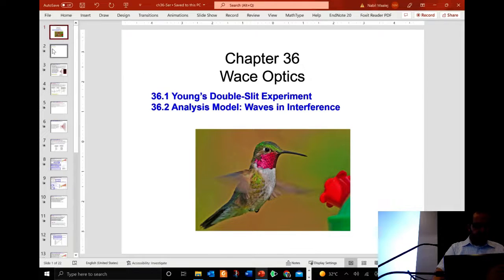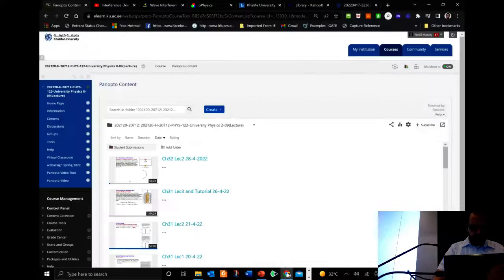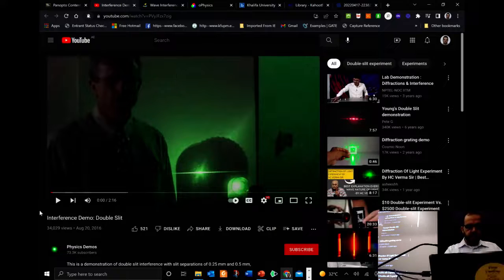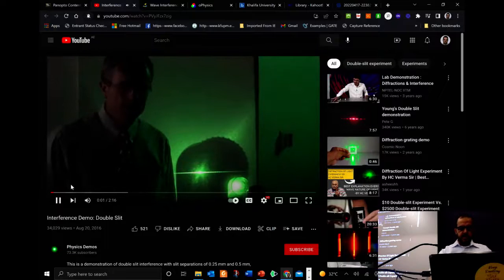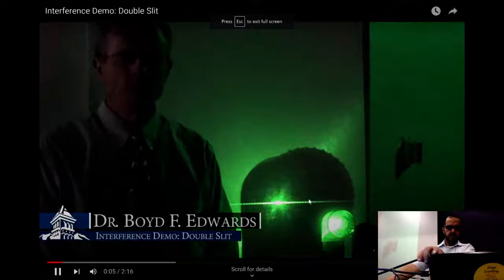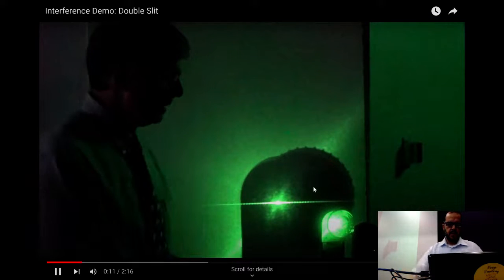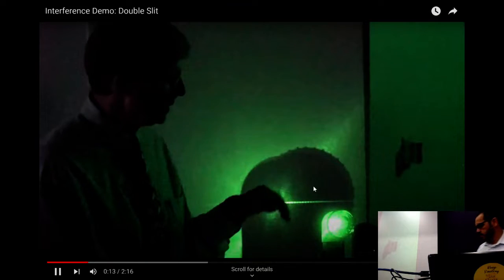Okay, so let me start with the demo. This is a demonstration of the pattern you get when you send light through two slits. In this demonstration, I've got a laser here.